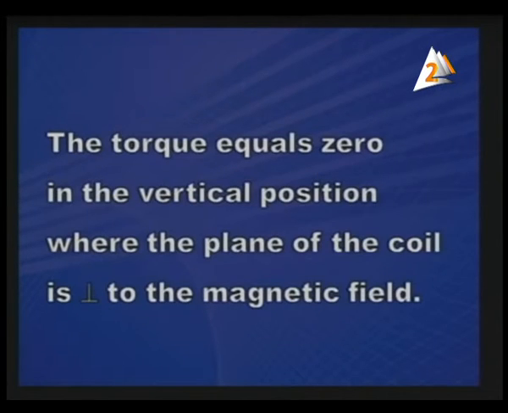The torque equals 0 in the vertical position, where the plane of the coil is perpendicular to the magnetic field. So once again, torque equals 0 in the vertical position. The vertical position is where the plane of the coil is perpendicular to the field.